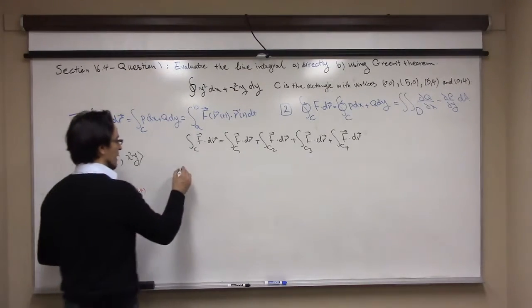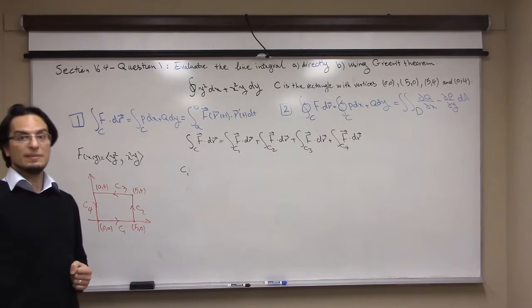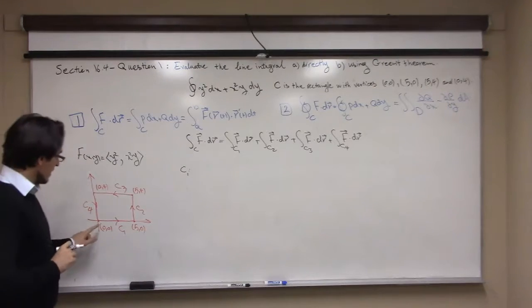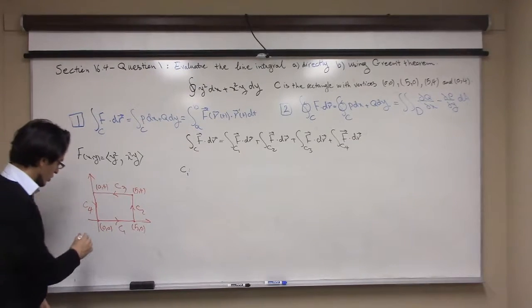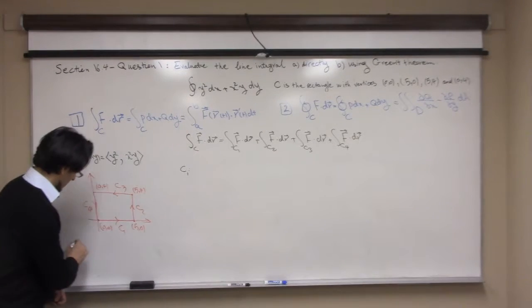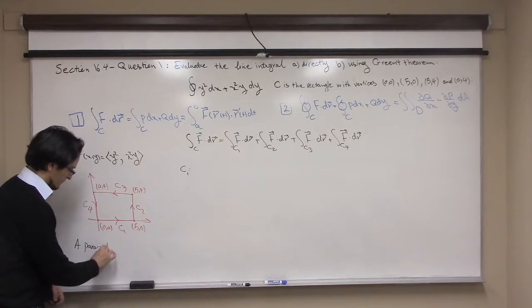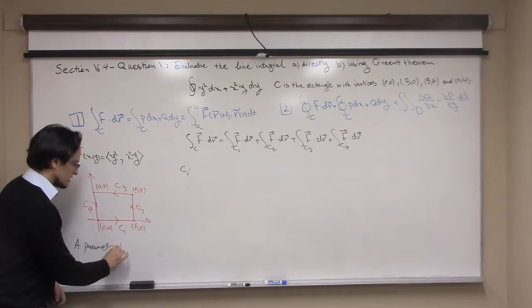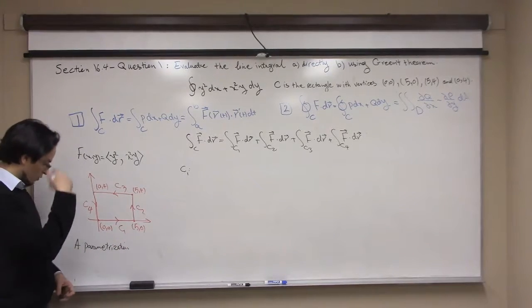So on C1, I have to find a parametrization for C1. Here is a good parameterization for line segments. This is a side note; if you keep it in your mind, it will be helpful in all these questions.